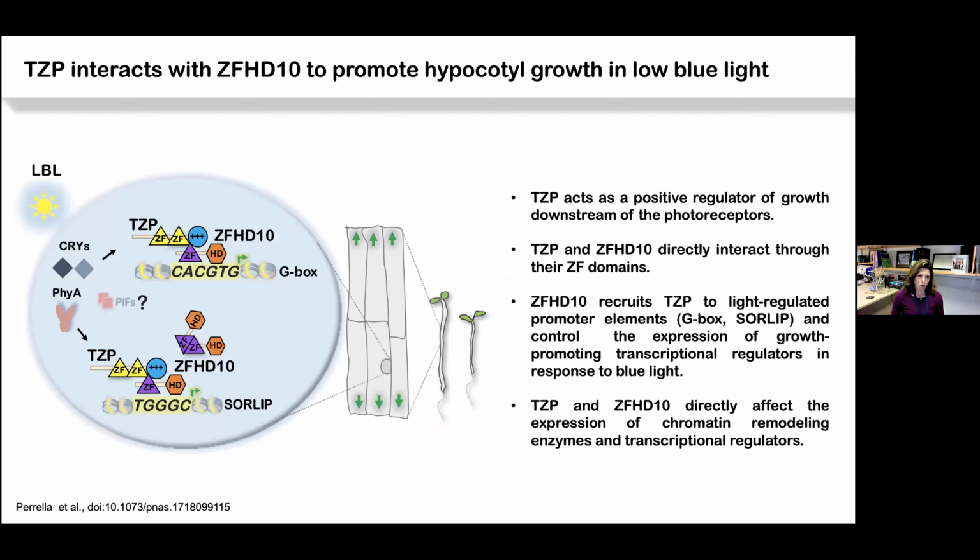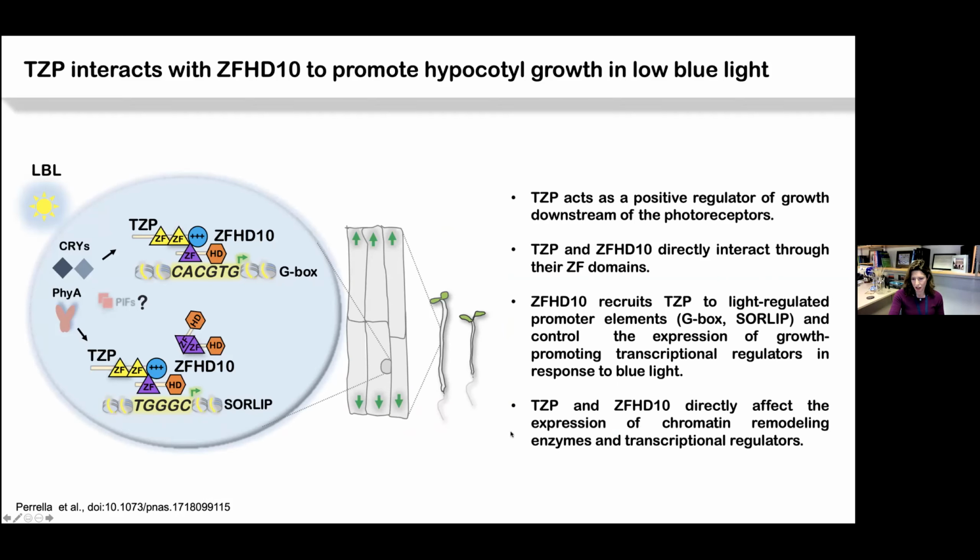And we've shown that in response to blue light, TZP associates with zinc finger HD10, and together they associate with promoters of light-regulated genes that are very important for growth-promoting responses, in particular hypocotyl elongation.